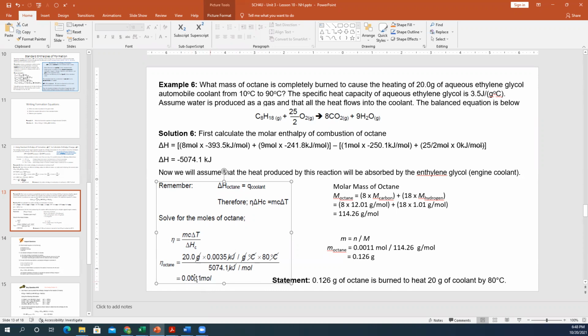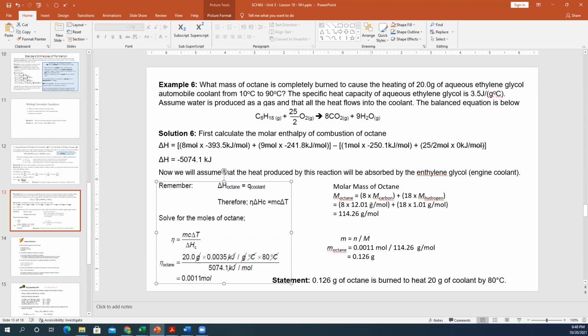0.0011 moles of octane. That's how many moles of octane we have. So if you have this many moles of octane, what does that mean in grams? What mass of octane is that? Well, the mass is equal to the number of moles multiplied by the molar mass, which we figured out.